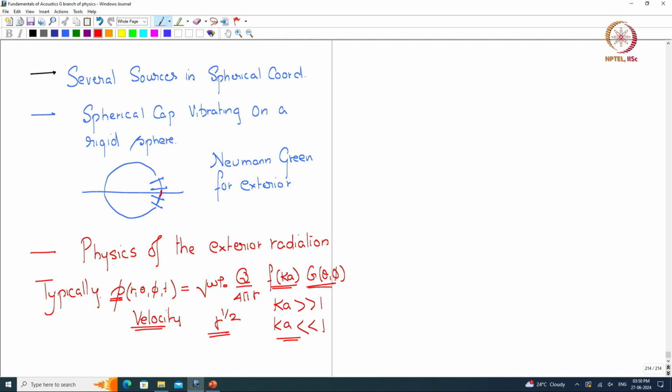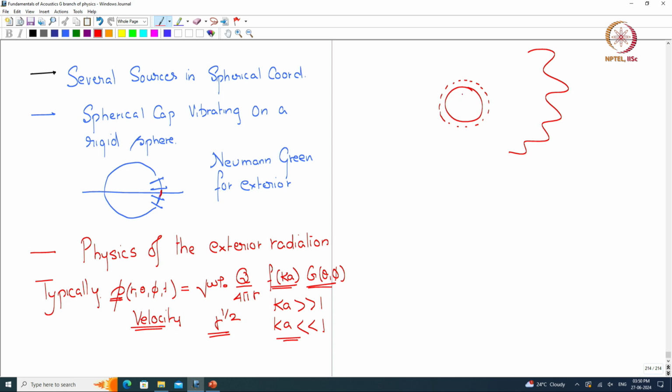Okay, and so typically there will be oscillations. If you have a source, there will be some oscillations in the far field. If you have the source a little extended, Ka is high, you will have oscillations.